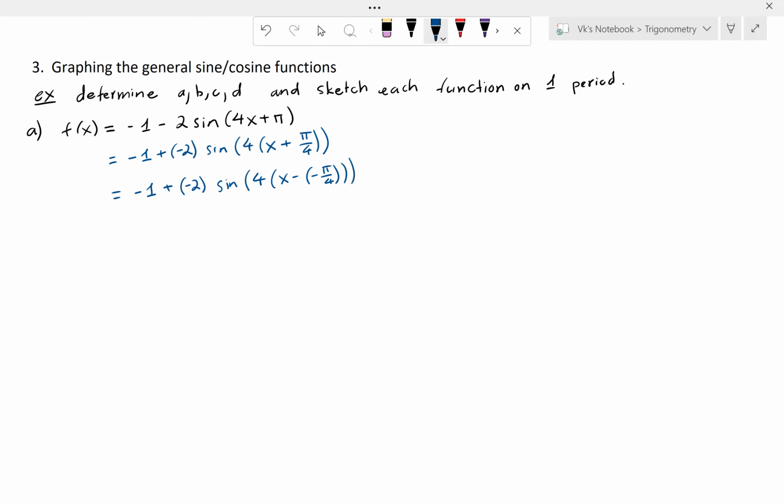And from here, we have a to be -2, b to be 4, c to be -1, and d to be -pi/4.